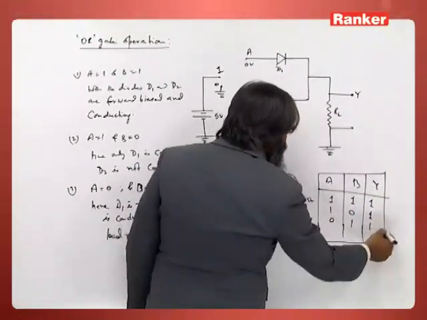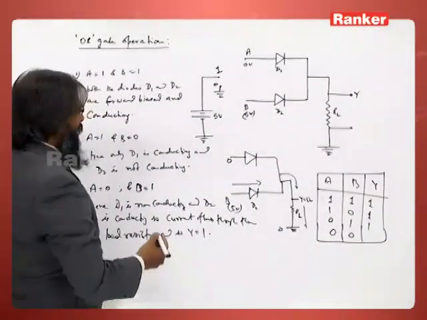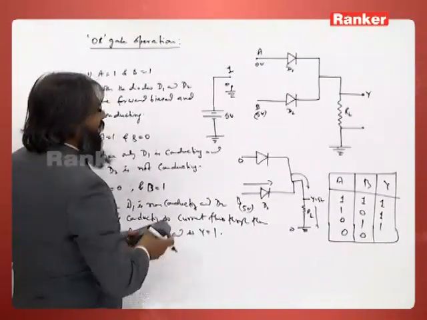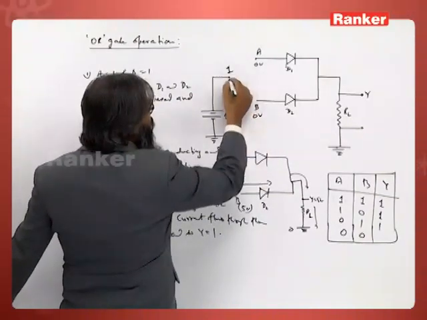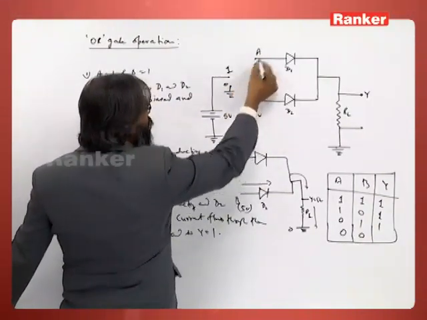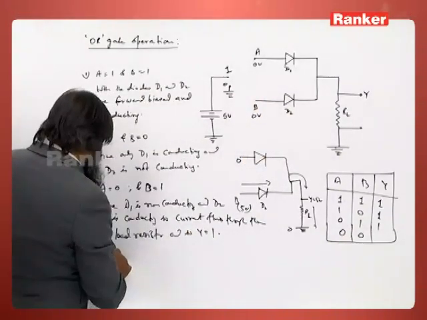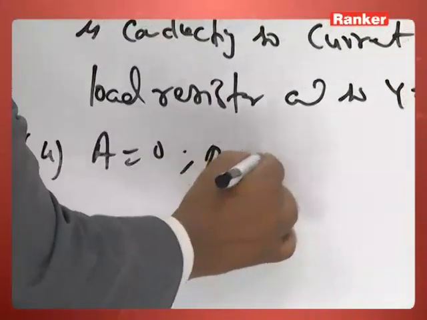Next, the last case is 0 0. 0 0 means I am going to give 0 volts to both inputs, that means I am going to connect this to both. So, 0 0 means both are reverse biased. This is the fourth option, A is equal to 0, B is equal to 0.